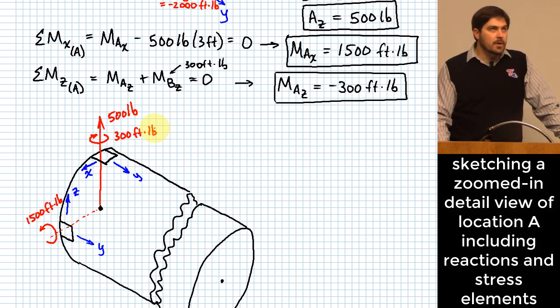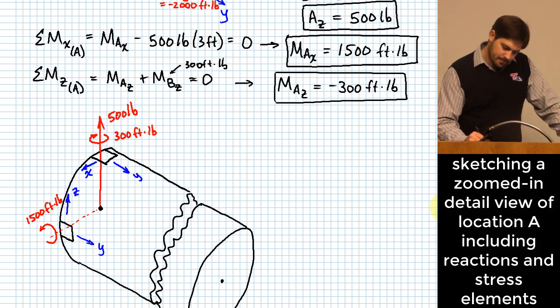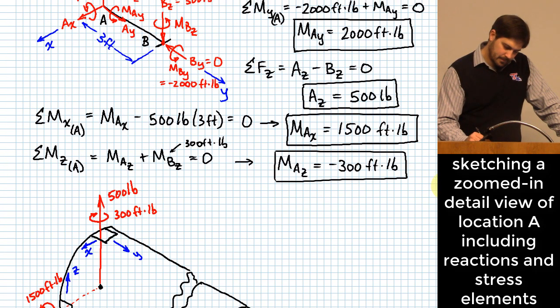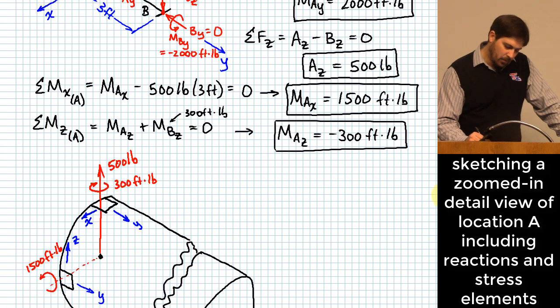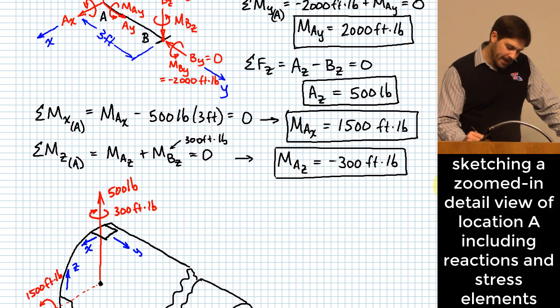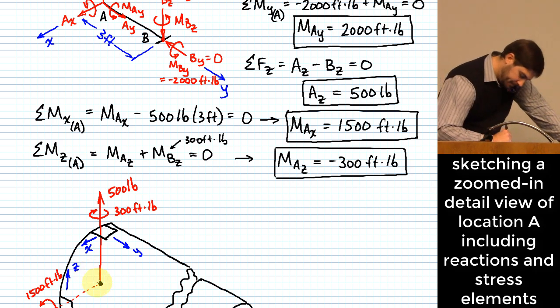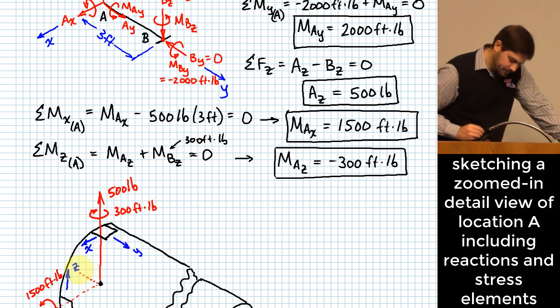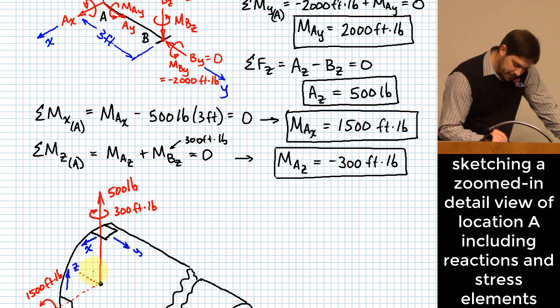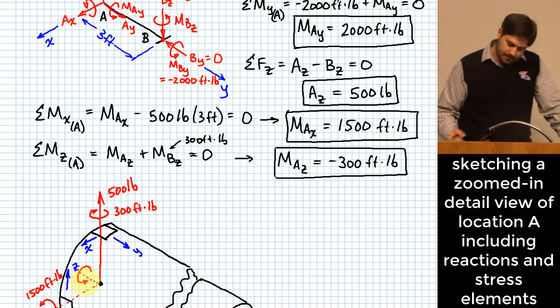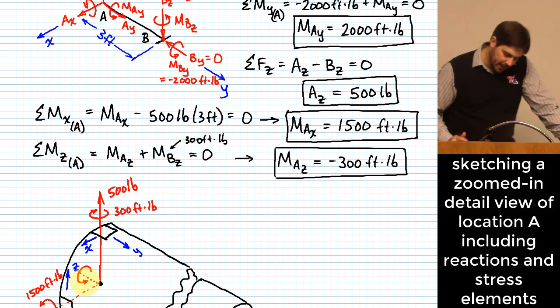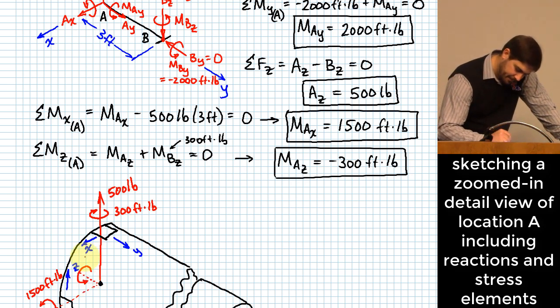Okay. What else do I have there? Okay, MAY, right? MAY, you can kind of think of that as being the wall back here. And that wall is going to react a positive moment of 2,000 foot-pounds like this.